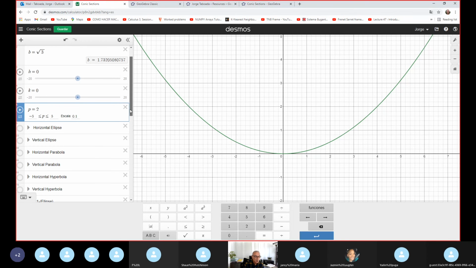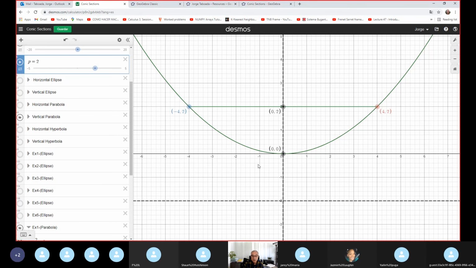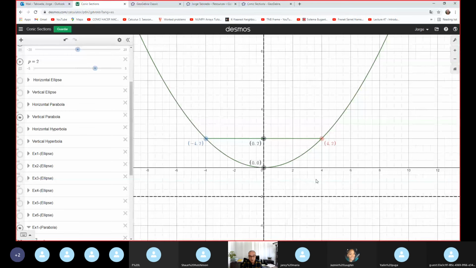We are talking about a vertical parabola. Bam, double bam. Okay, you can see clearly: vertex 0,0, focus 0,2, endpoints of the focal diameter 4,2 and negative 4,2. Directrix is the line y equals negative 2, and the axis of symmetry is the vertical line, x equals 0.